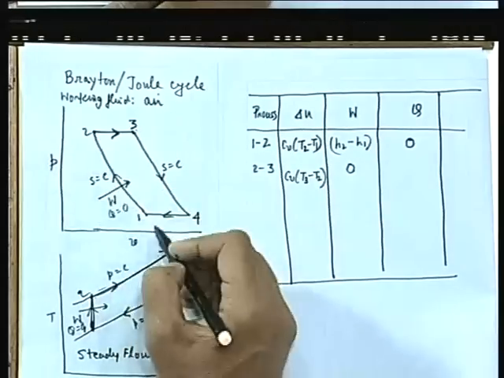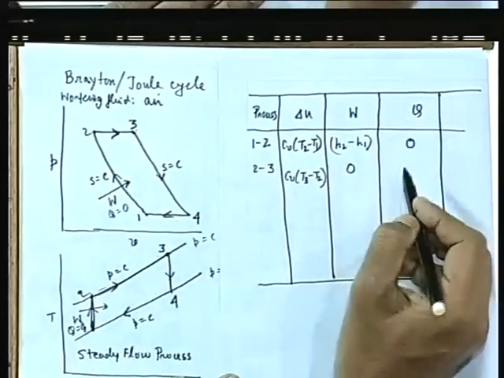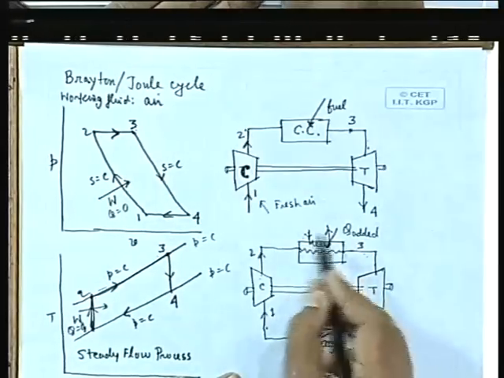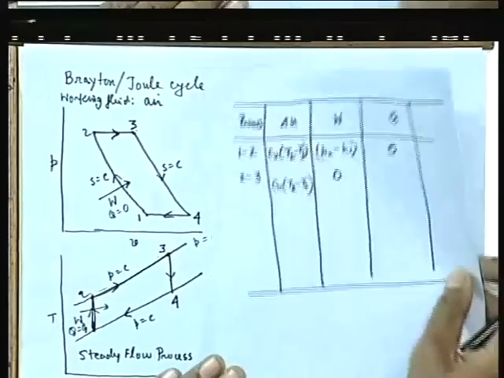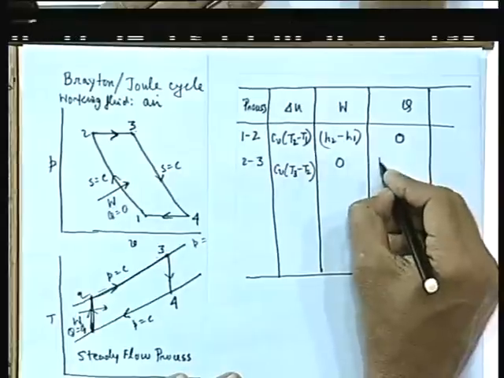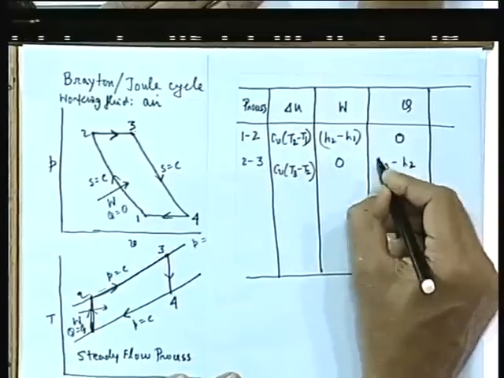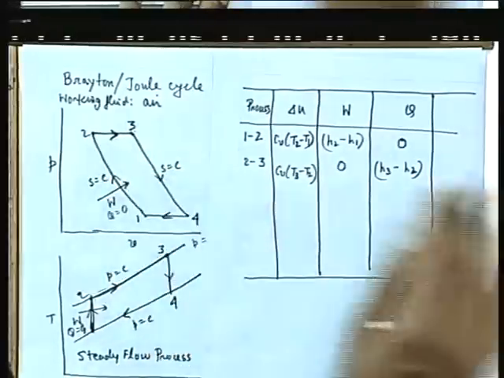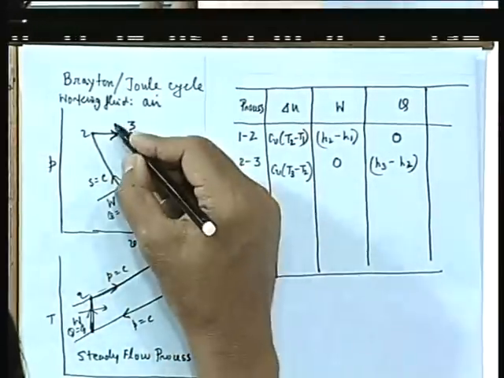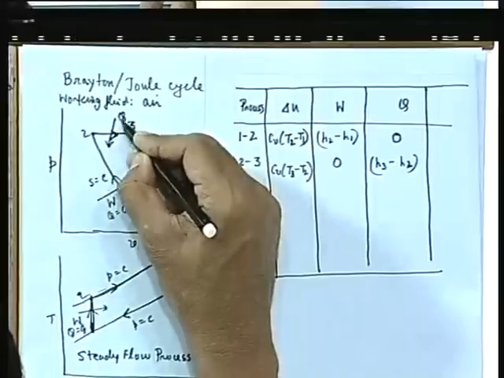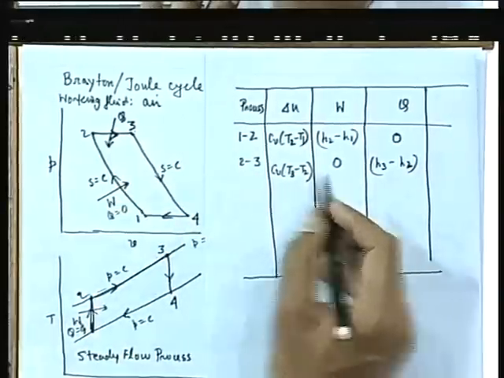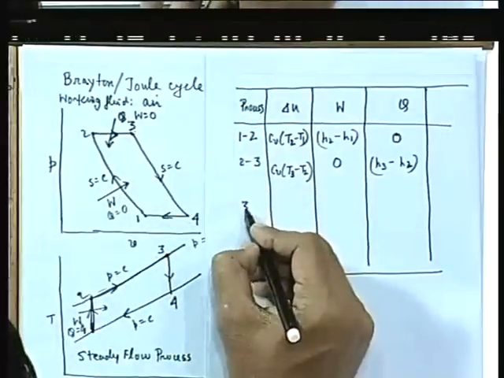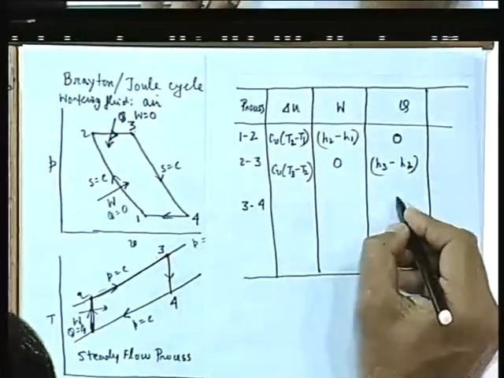This is a heat exchange process, and the heat transfer is found similarly by considering the steady flow energy equation around this heat exchanger, and we get the heat transfer as H3 minus H2, which is the heat added to the working system for the process from 2 to 3. So in this process heat is added and work transfer is 0 here, all right. Now I come to the process 3-4, which is the same as 1-2, where Q is 0.